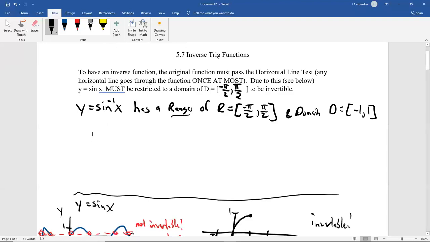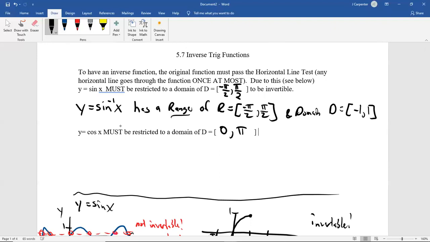So now let's do the cosine. So y equals cosine of x must be restricted to a domain of D equals, in brackets, and this is going to turn out to be 0 to pi.